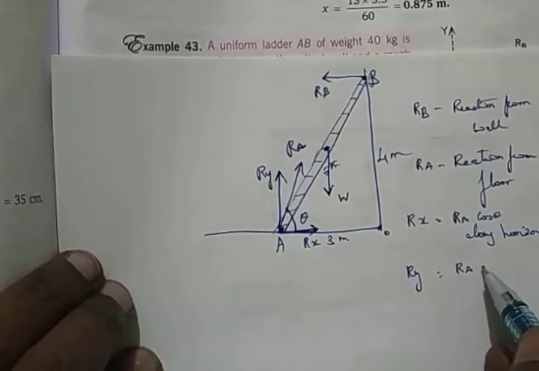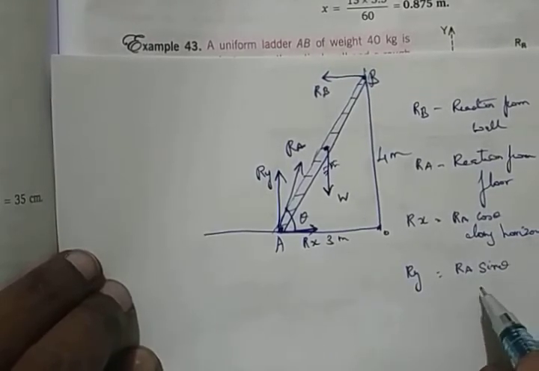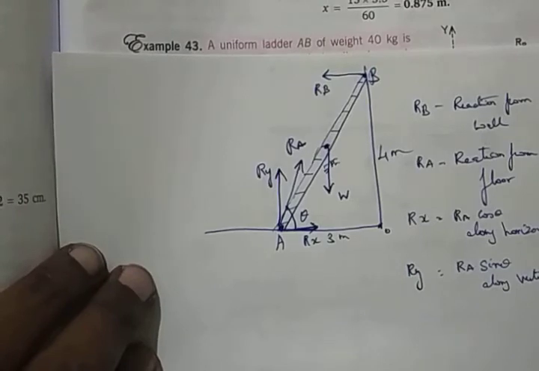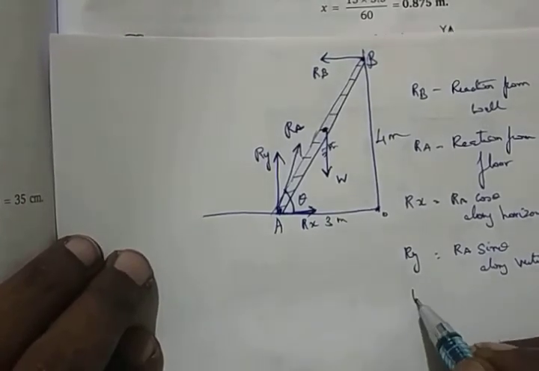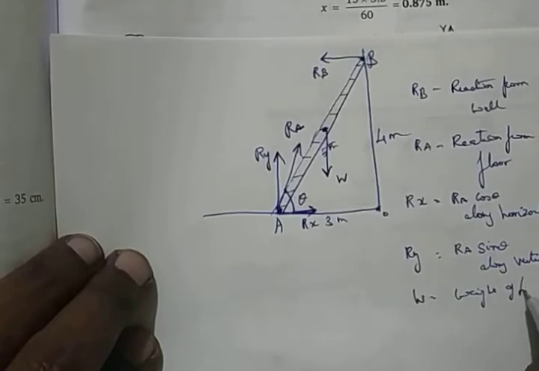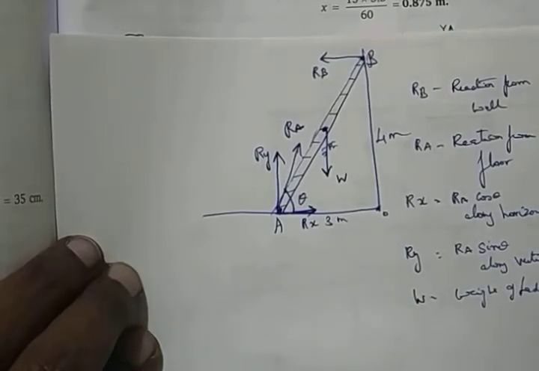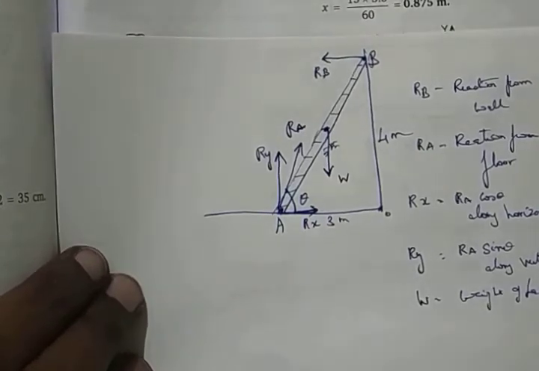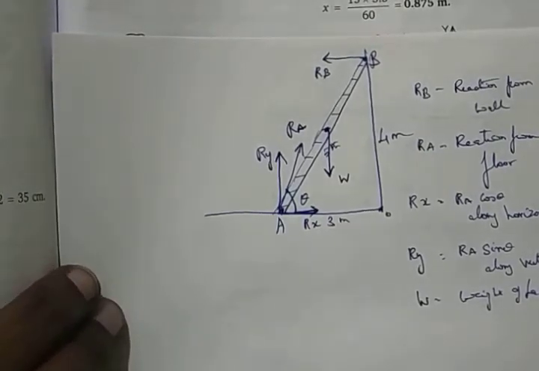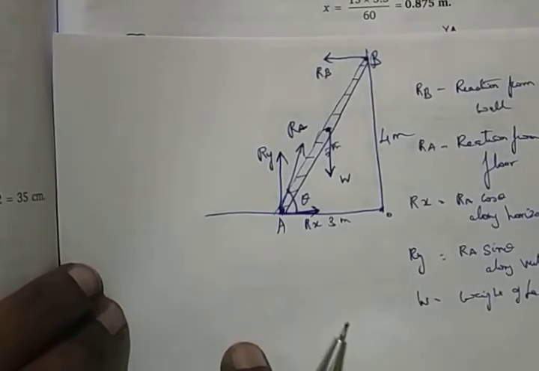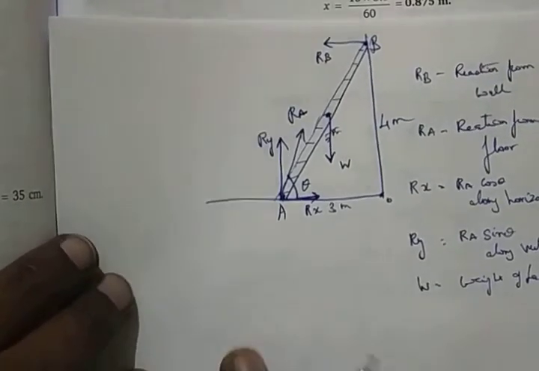Ra sin theta, along vertical. And what is W? Weight of ladder. Okay, sounds good. It is all now done. Now we need to start having the components. What are the components of the vectors?